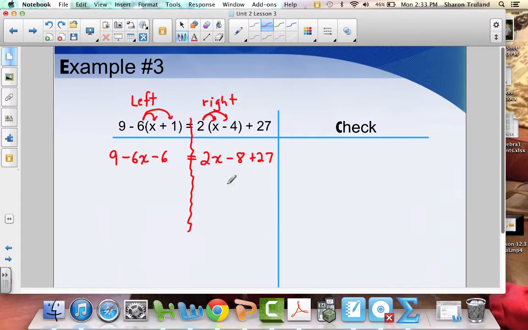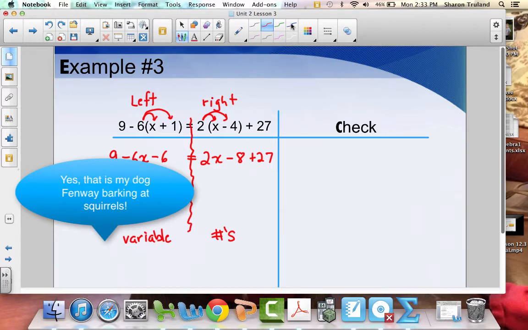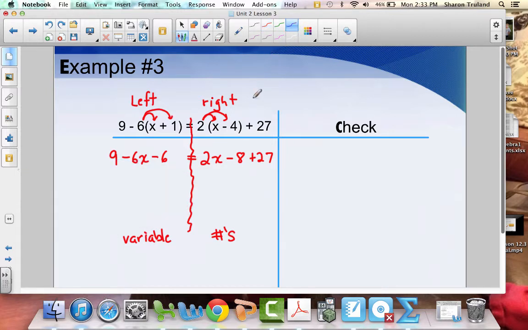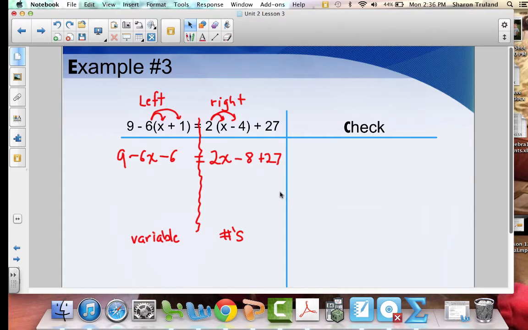Okay, now it becomes a game. And when I play this game, I want to get all my variables on one side and all my numbers on the other side. All right, so what does that mean? All right, so I'm going to start moving all my variables to one side.